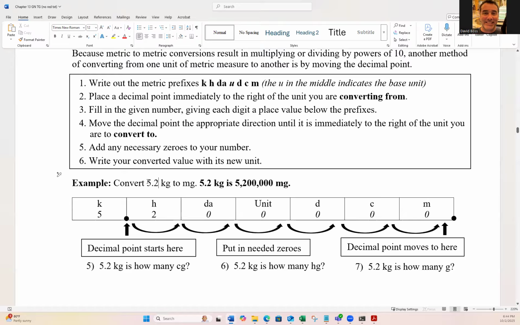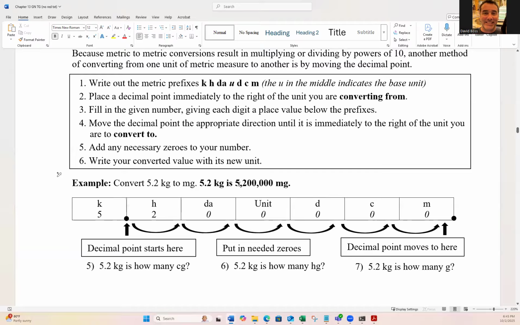So for this one, converting 5.2 kilograms to milligrams, you look at the chart here: kilograms, hectograms, decagrams, grams, decigrams, centigrams, milligrams. You just keep moving the decimal point. So 1, 2, 3, 4, 5, 6.